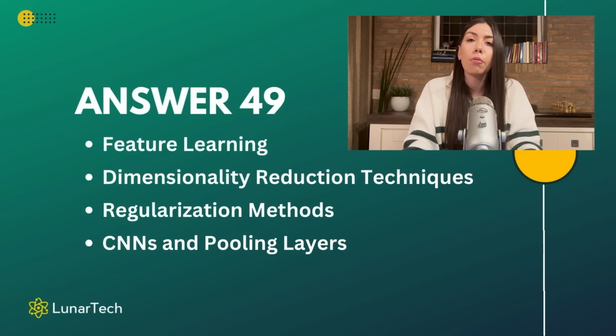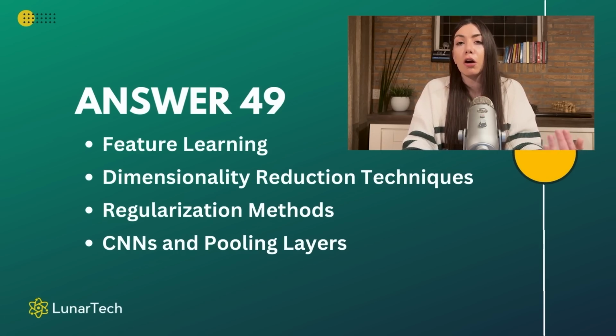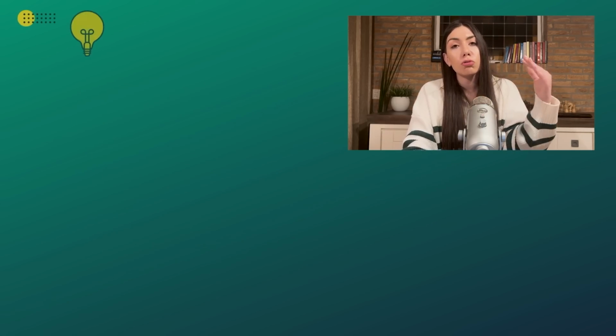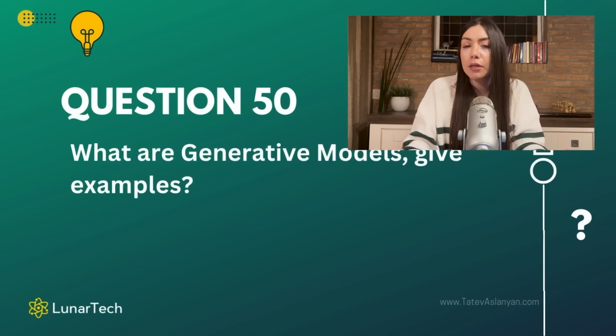By setting some of the weights equal to 0, it indirectly performs feature selection. And finally, if we use models such as CNNs and we use pooling layers, so pooling layers in convolutional neural networks, for instance, they automatically perform feature selection and they reduce the dimensionality of the problem. And in this way, they automatically combat the curse of dimensionality.